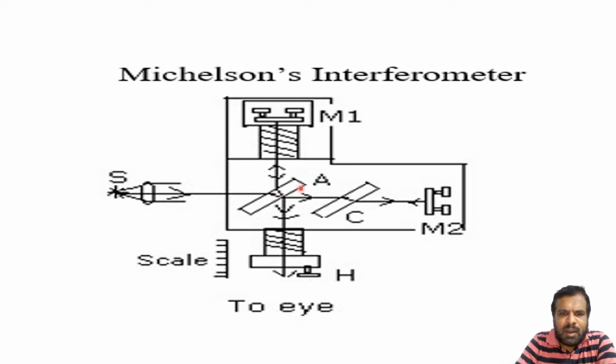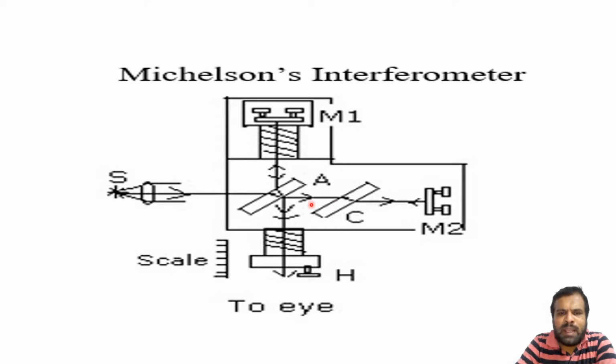The rear side of the plate A is half silvered in such a way that the light coming from the source S is equally reflected and transmitted by it, and C is a simple plane parallel compensating glass plate having the same thickness as A.